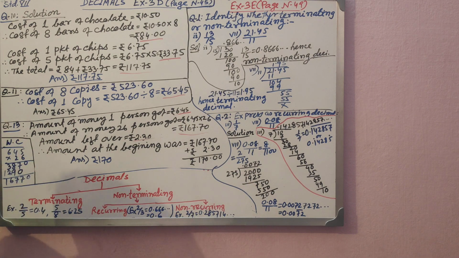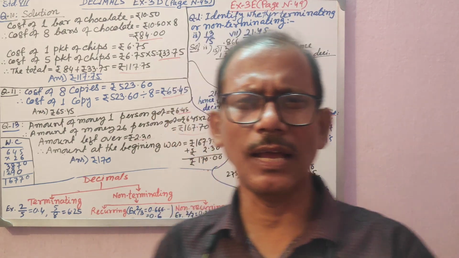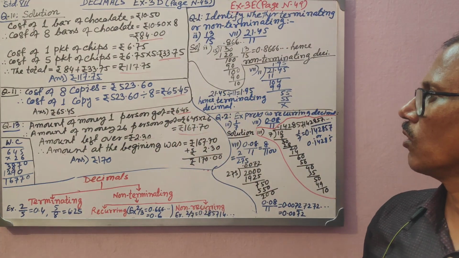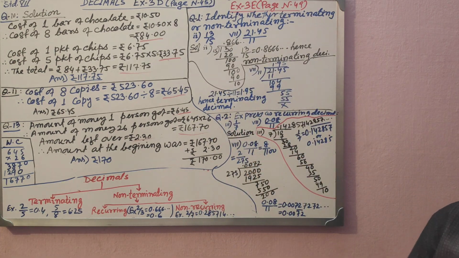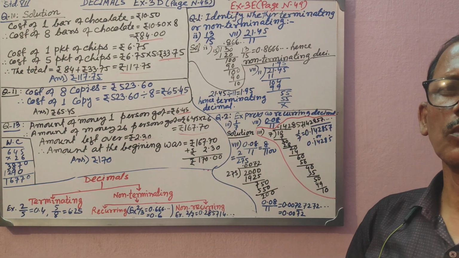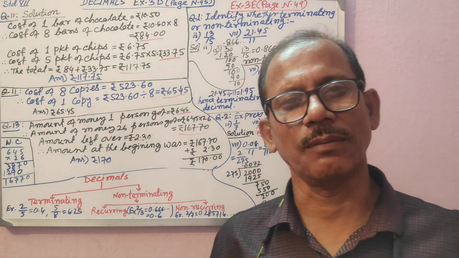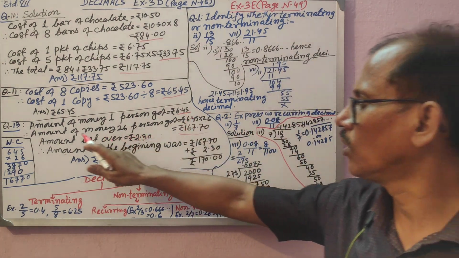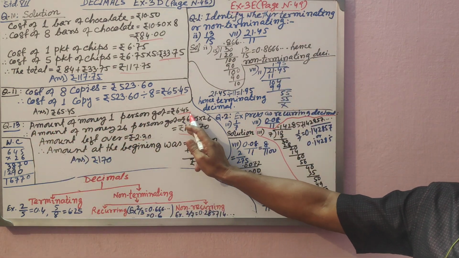Now question number 13. Some amount has been distributed to 26 persons. Each one got rupees 6.45, and the leftover amount is rupees 230. So you need to find the total amount distributed to the 26 people at the rate of 6 rupees 45 paise. Write the statement: the amount of money 1 person got is equal to rupees 6.45.